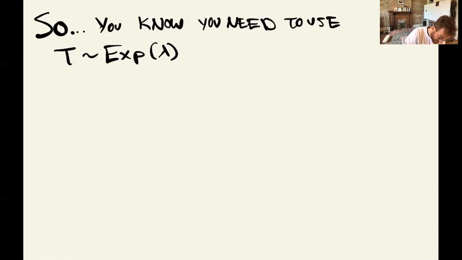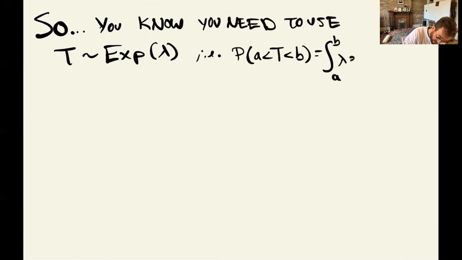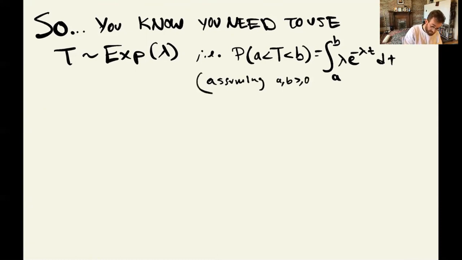Now what this means is that if you're trying to answer the question, what's the probability that my time lies in a certain range? Well, this is equal to the integral from a to b of lambda e to the minus lambda t dt, assuming both a and b are greater than or equal to 0. So again, to solve the problem, you're going to need to find lambda. So how to find lambda?